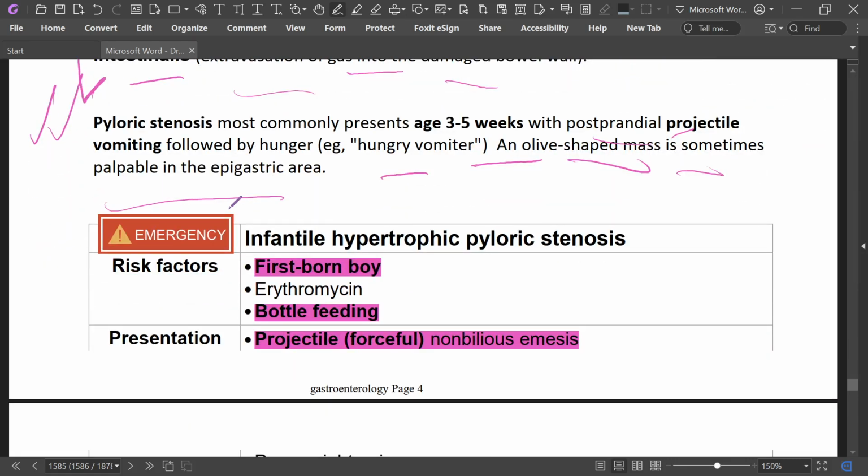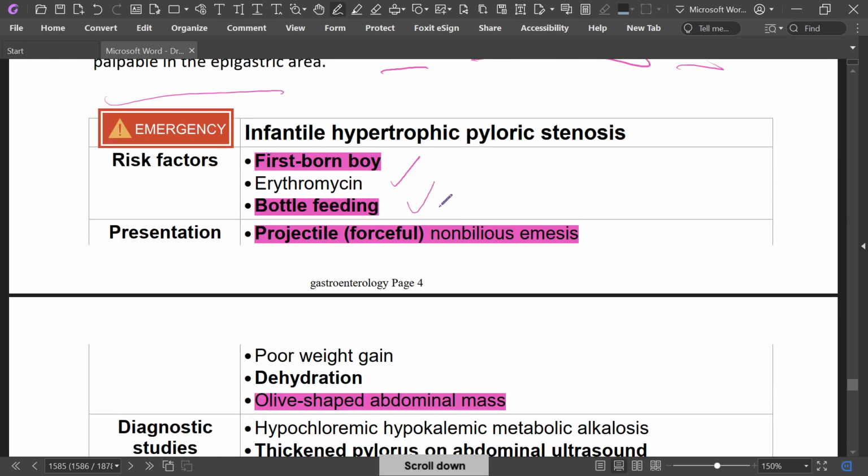Infantile hypertrophic pyloric stenosis happens in a firstborn boy, associated with erythromycin and bottle feeding. It is projectile non-bilious emesis. There may be dehydration and an olive-shaped abdominal mass.